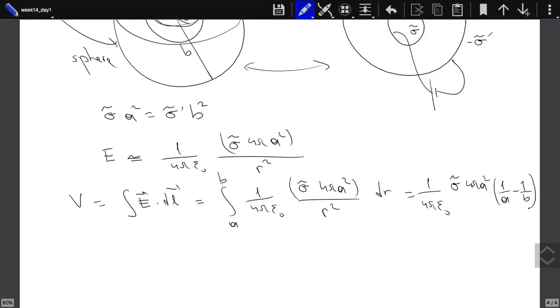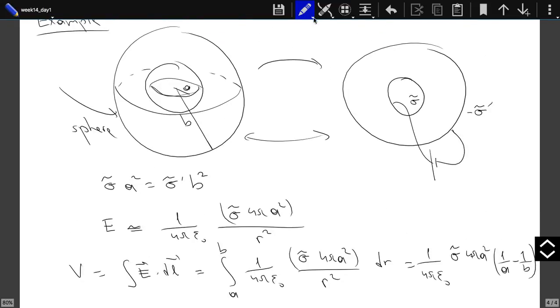Now let's calculate the current. Let's say the current passing through this surface. Well, since there is no accumulation of charges, whatever surface you choose, the current passing through that surface should be the same.